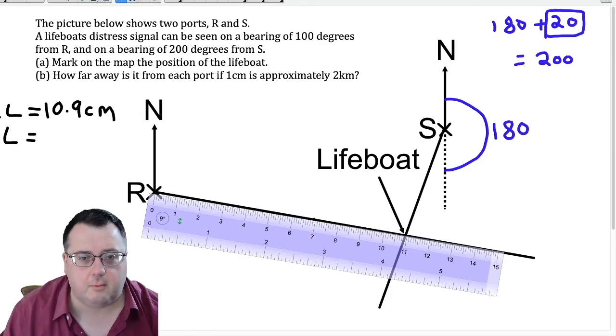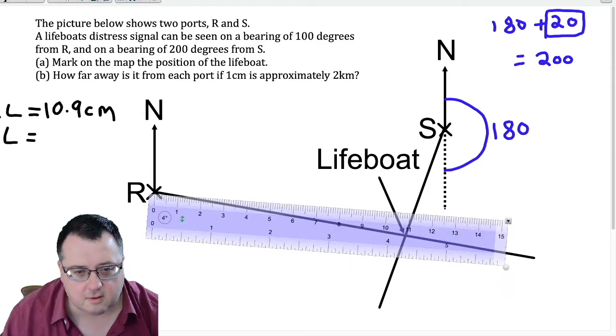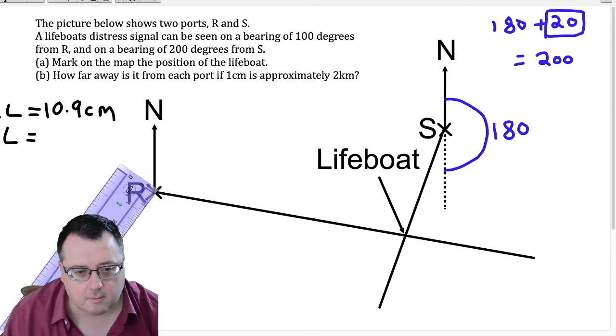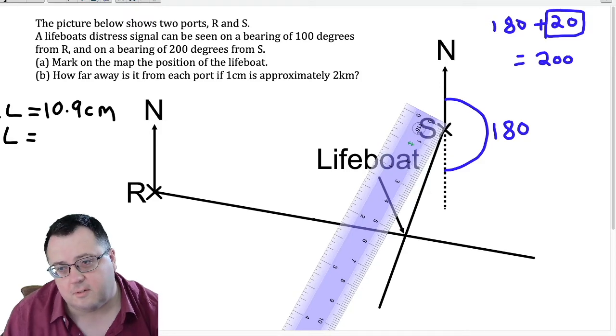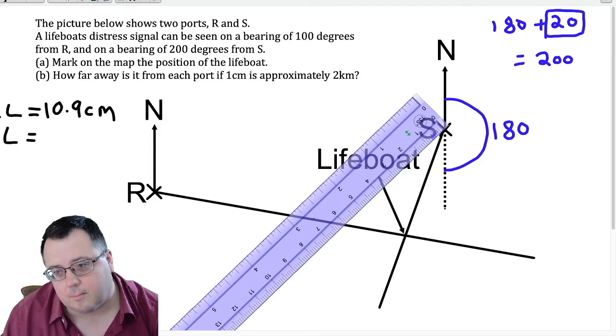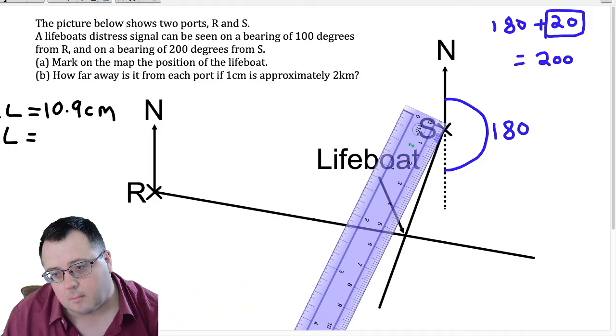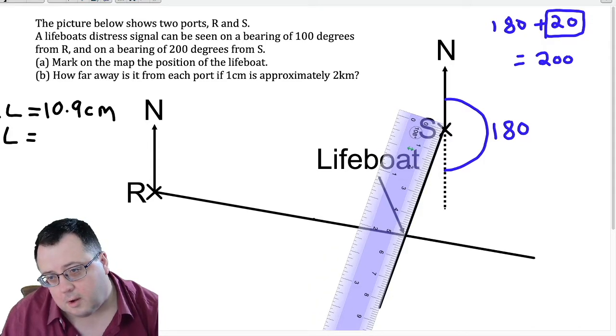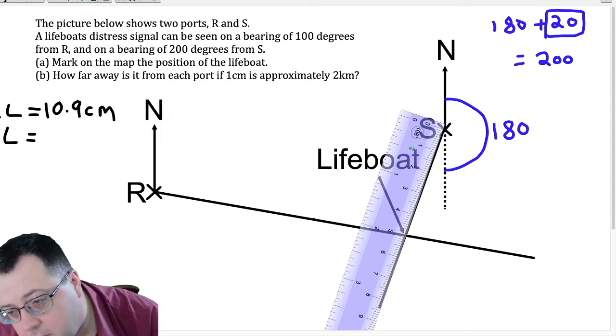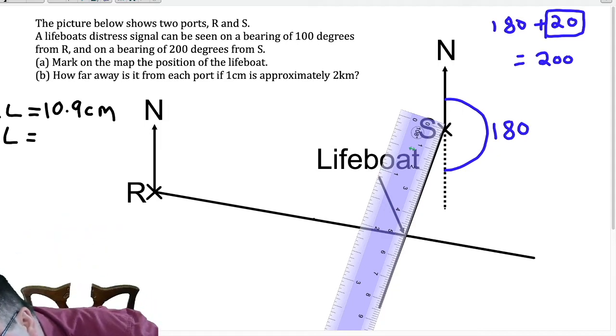So bear with me again whilst I rotate this. How close is that? That's miles out. Again, I think that's the best I can do. That is 4 point... No, it's 5. It's on the nose, 5 cm.